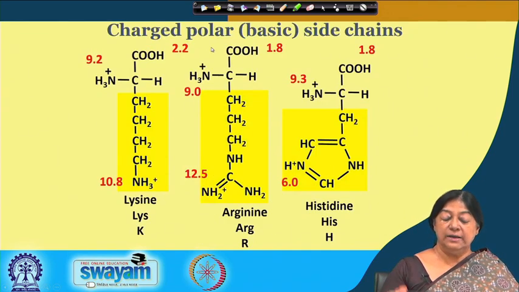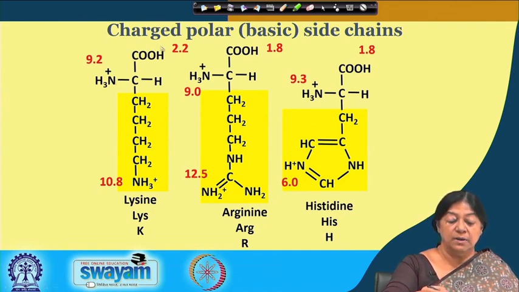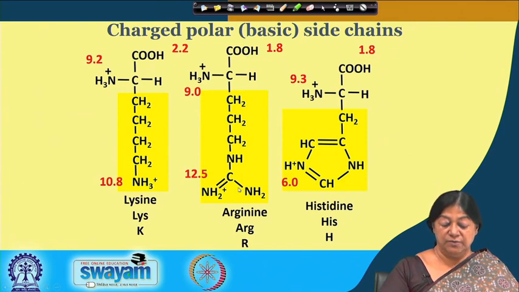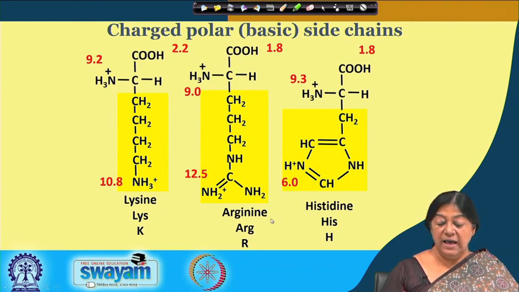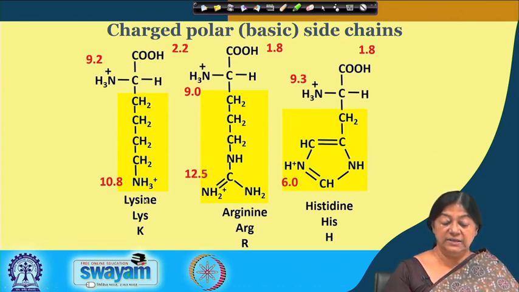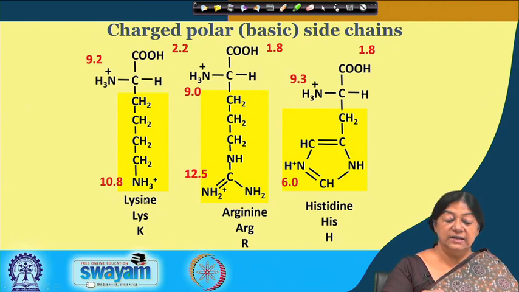For basic amino acids, we again have the same amino acid characteristic: the amino part and the carboxylate part, for lysine, for arginine, for histidine. Again we have the 3-letter and the 1-letter codes given here, and these are the specific side chains. What we observe in case of lysine and arginine is that the protons are lost in a different order.